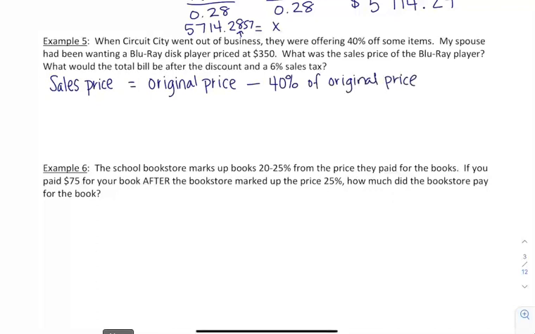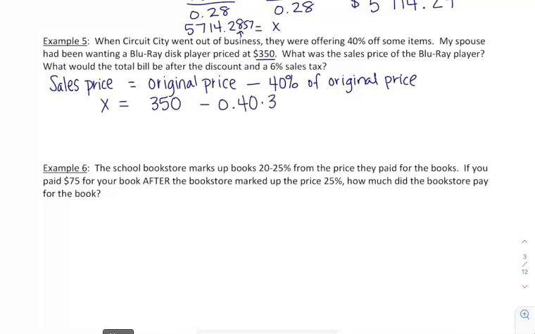And then we will have to pay some sales tax here in a second, but let's just get the sales price first. The original was $350. We know this. The sales price is what we don't know. So we'll let X equal our original price of $350 minus that 40% of the original.